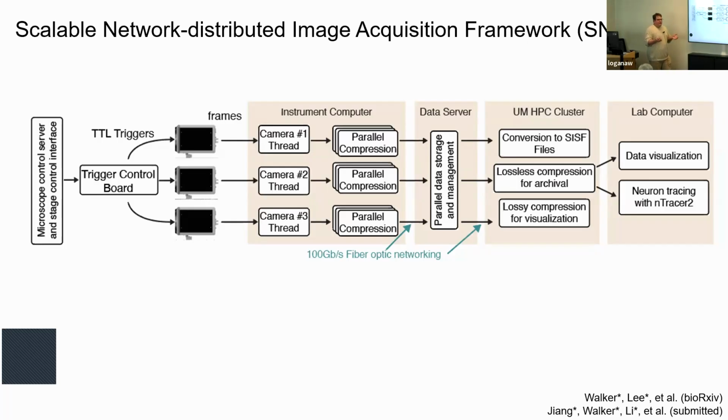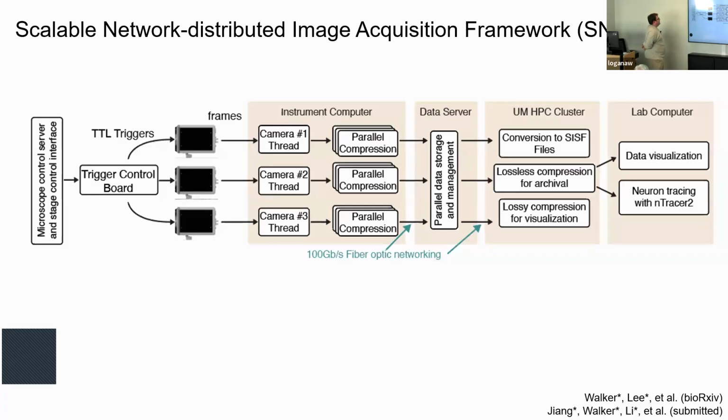But when you have one desktop application like that, we found that it was a bottleneck for running these experiments at full speed. So we created this framework that we call SNDIF that separates all of the responsibilities into multiple different parts so that we can spread it out over a network and deal with them all sort of one at a time, and leverage the fact that Michigan already has a lot of supercomputing and network resources that are underutilized in experimental science, you might say.